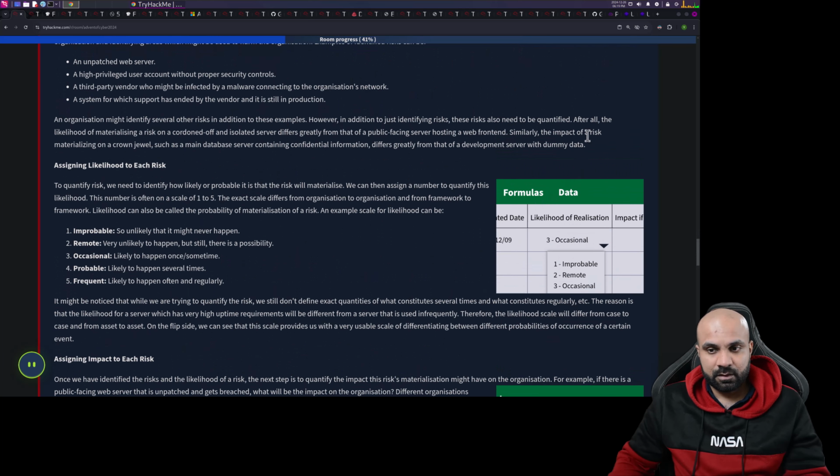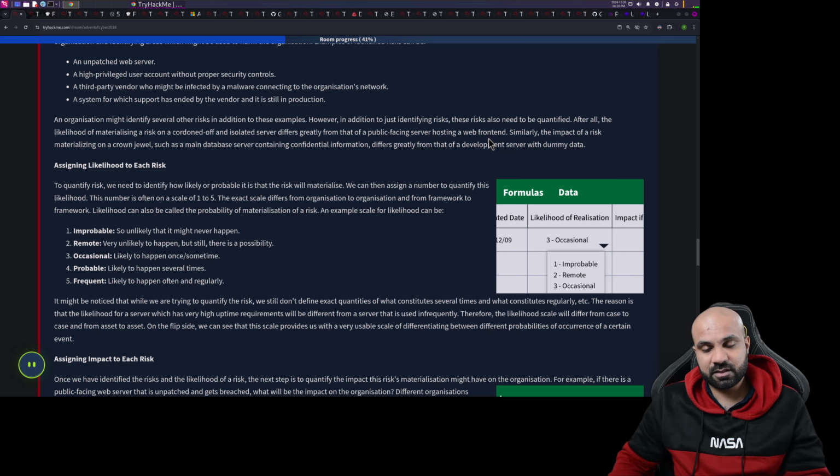Okay. After all, the likelihood of materializing a risk on a cordoned off or isolated server differs greatly from that of a public-facing server hosting a web front end. That is very true. If one server is isolated and well protected, then the risk mitigation on that server may have lower priority than if you compare the same with a public-facing server.